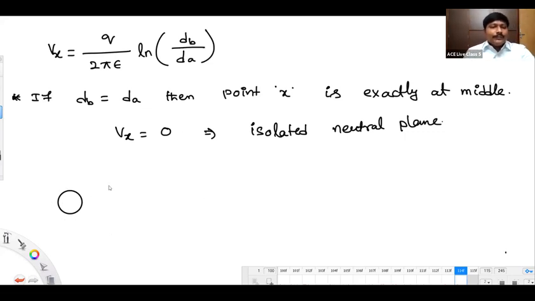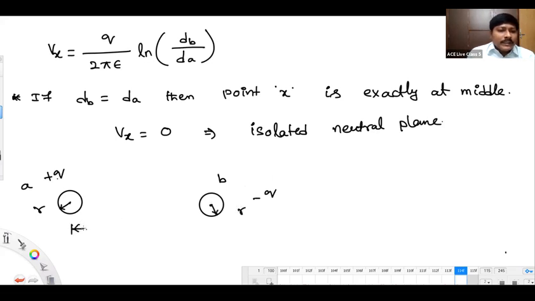Conductor A has plus Q charge, conductor B has minus Q charge. The radius of each conductor is small. Distance between the A and B conductors will be simply D here.